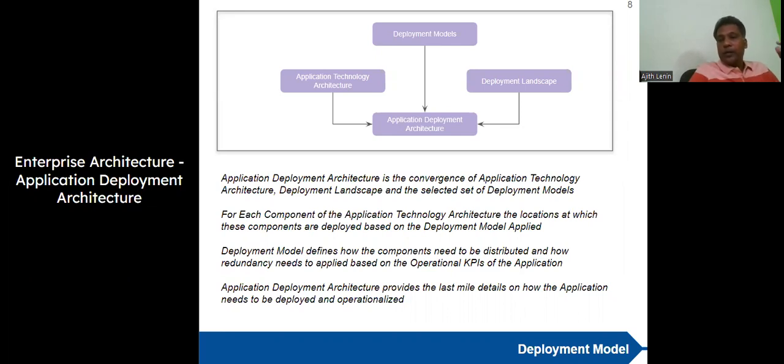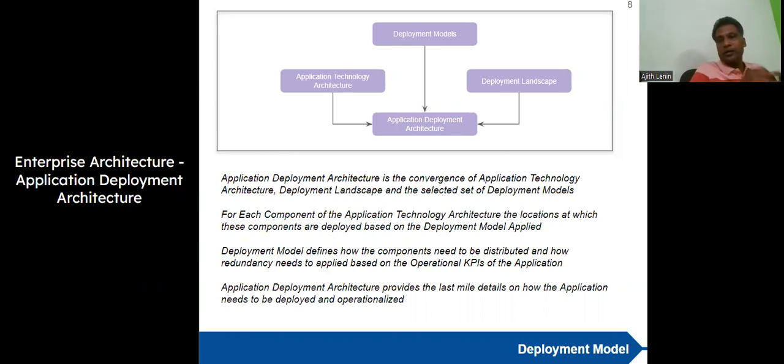For a particular component, or a non-functional building block or a functional building block, what are the deployment ways we can deploy it? Based on the operational KPI, we can choose one deployment model for that application. Application deployment architecture provides that last mile details on how the application needs to be deployed and operationalized.